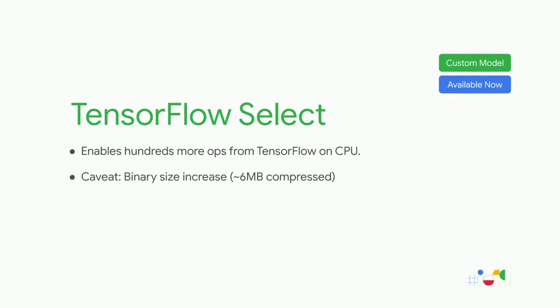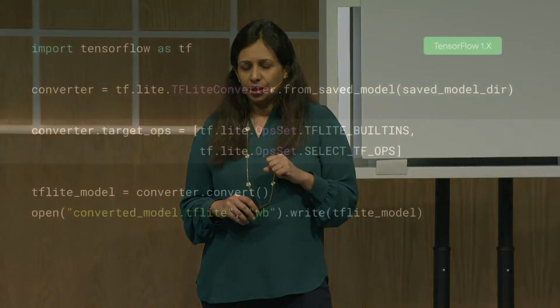Another advanced feature that I want to mention is TensorFlow Select. It allows developers to access many of TensorFlow's ops via TensorFlow Lite. The caveat, though, is that it does increase the size of the binary. But if your use case is not very sensitive to the size of the binary, and you're running into issues that you need ops which TensorFlow Lite doesn't support yet, I highly recommend that you check this out. So this is how it works in code.